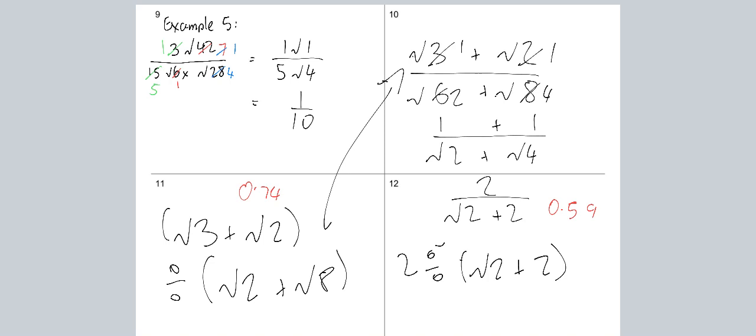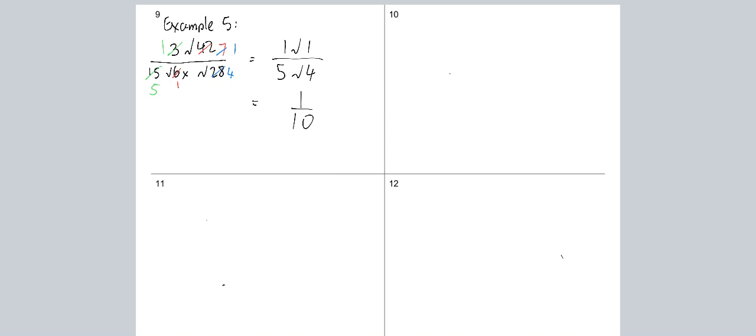So how could you simplify that problem? Except you can't because they're not like terms. What was the question again? It was root 3 plus root over root 8. Yep, thank you. Nothing we can do.